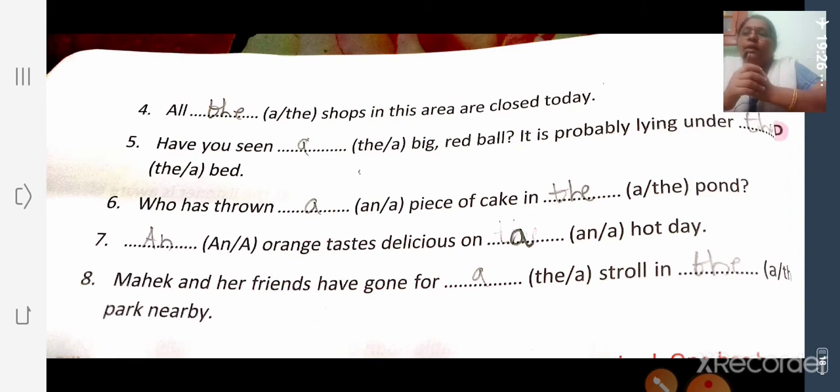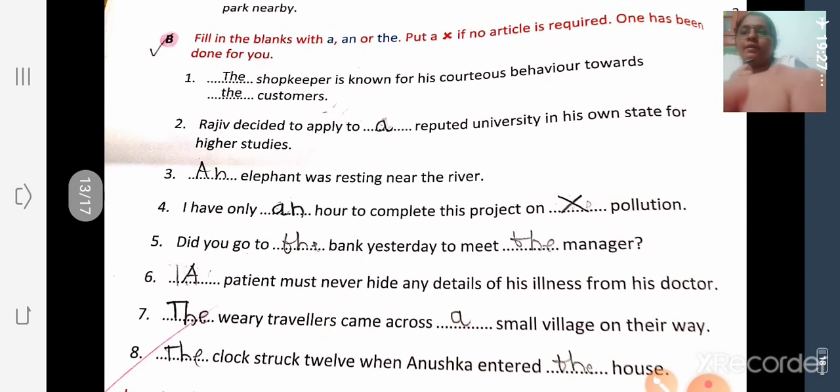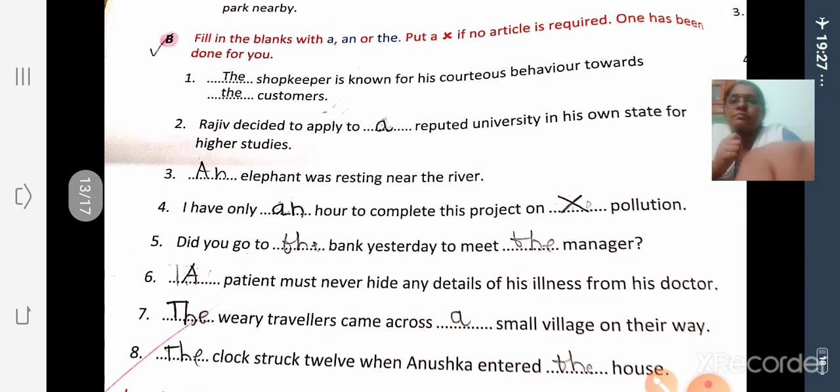Then the eighth one: Mahek and her friends have gone for a stroll in the park nearby. Okay, then the next exercise: fill in the blanks with a, an, or the. Put a cross mark if no article is required.